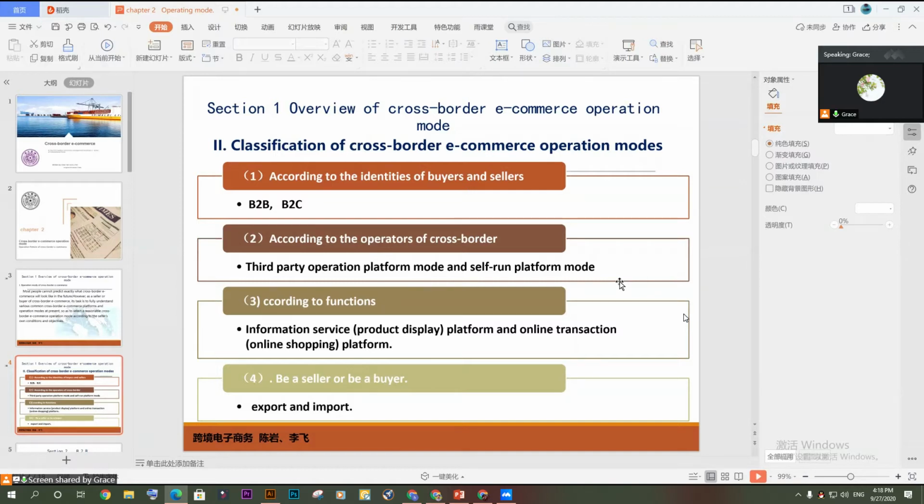So I just have a question for you here. Can you understand what is this third-party operation platform and self-run platform? Do you understand this? I think third-party operation means it's a middleman, right?